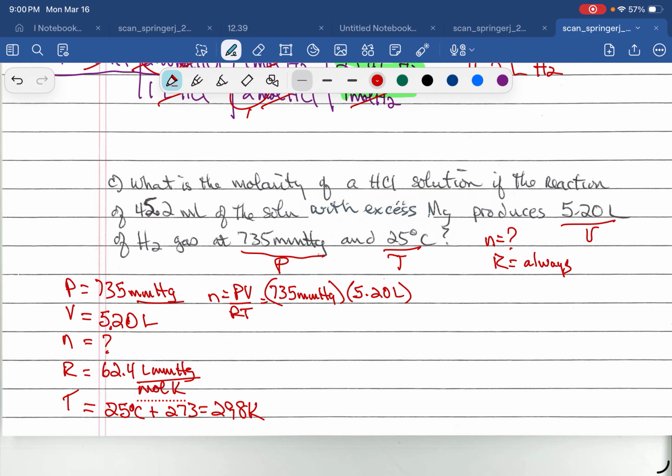5.20 liters, 62.4 liters millimeters of mercury, and 298 Kelvin. And that, if I have calculated correctly, is 0.206 moles.